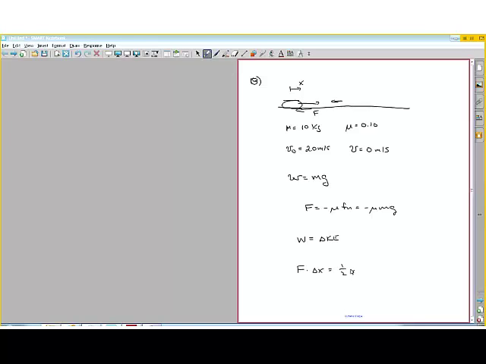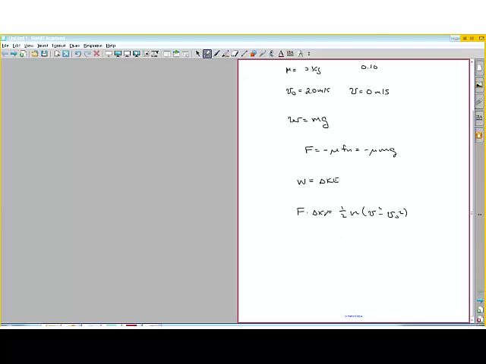Okay, we get the change in kinetic energy, which we're not going to use final versus initial. We're just going to use v squared minus v0 squared, which is the same thing. So if we solve for delta x, we get 1/2 m (v squared minus v0 squared), all divided by f.